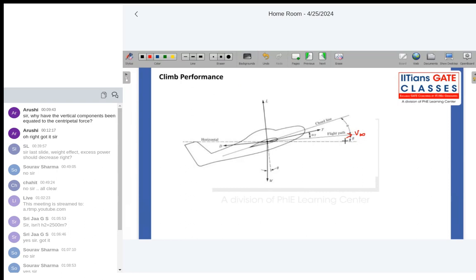The horizontal component of velocity will be V infinity cos gamma, and the vertical component of velocity is V infinity sin gamma, which is your rate of climb. As forces are resolved, velocity is also resolved into two components, one horizontal and one perpendicular. Towards the angle is cos, away from the angle is sine.